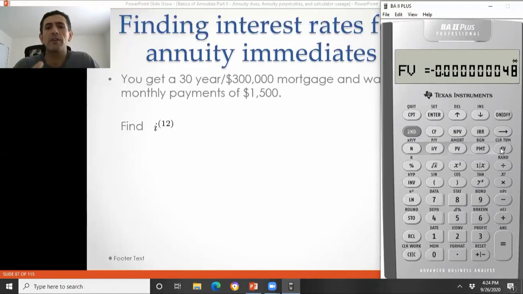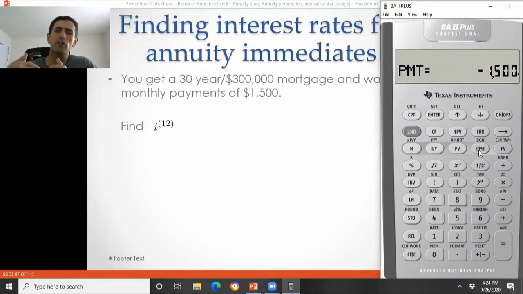The equation of value is I get $300,000 at the beginning of everything, and I'm making these payments of $1,500 at the end of each month. So everything accruing 360 months of interest, add everything up, you get 0. That's what an equation of value is.